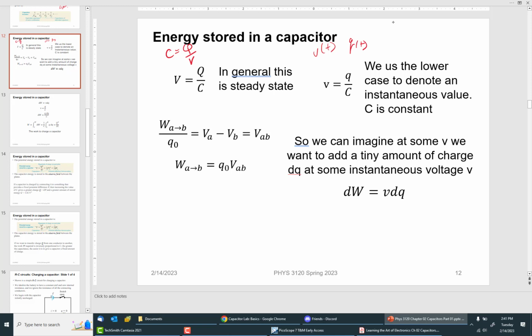So I remind you that work is in joules, and if I do joules per coulomb, that becomes volts. So joules per coulomb is also aka volts.